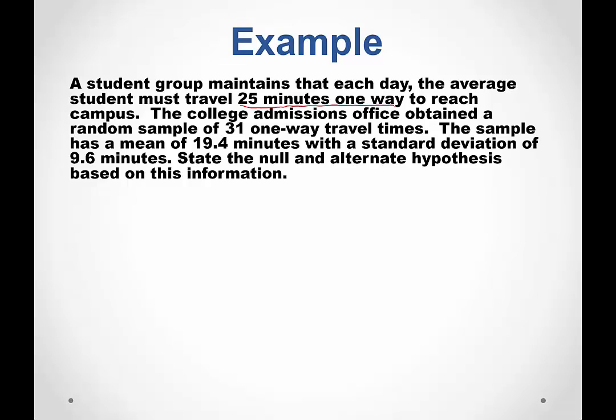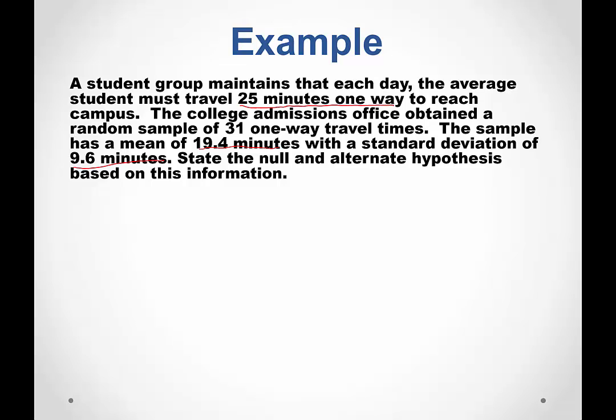Now, the college admissions office, however, actually collected a random sample of 31 one-way travel times. And based on that sample, they found that the mean was 19.4 minutes and the standard deviation was 9.6 minutes. So at this point, we would like to state the null and the alternate hypothesis.